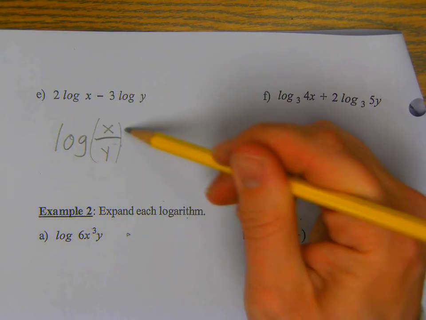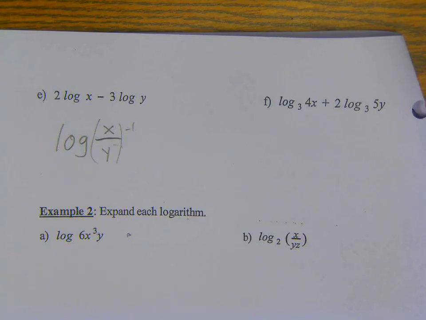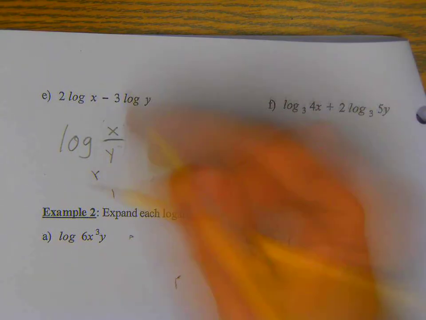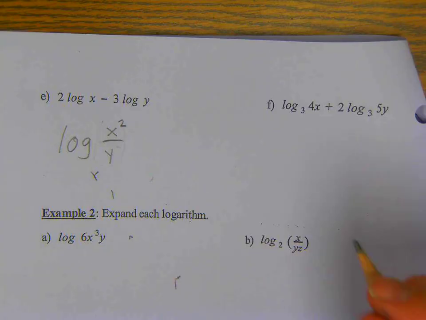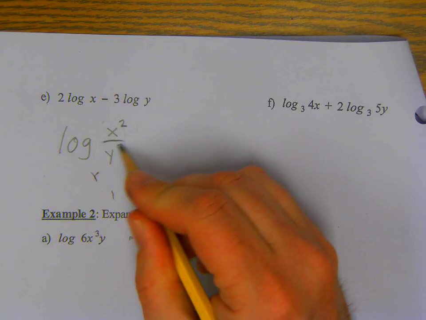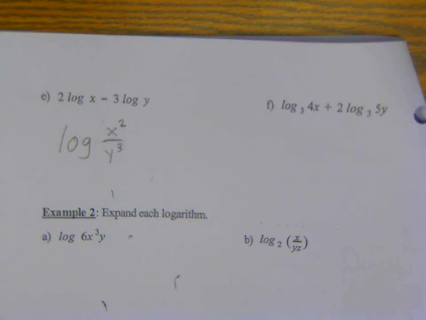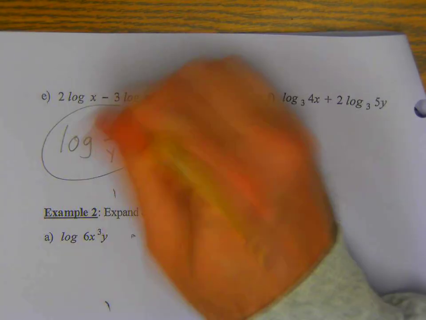Like that? I see. No, I got it. Because at first you wrote x squared, and then you wrote y cubed, right? But since they're different variables, you can't put that together, so you would just stop there. All right, log x squared over y cubed.